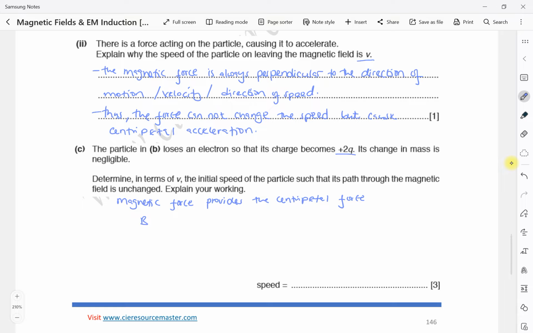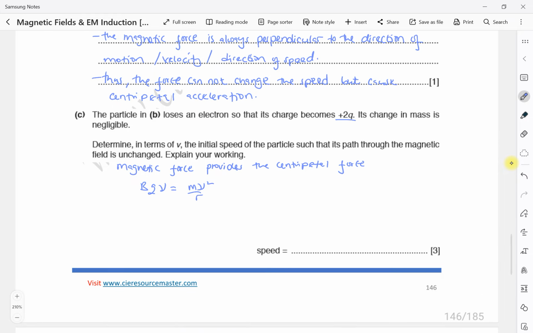Therefore, BQV is equal to mv squared over r. So initial speed, I'll call this initial speed V, is equal to BQR over m. That is before changing the charge.